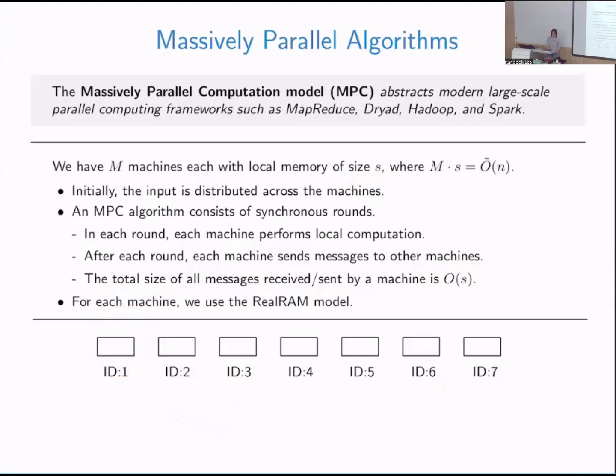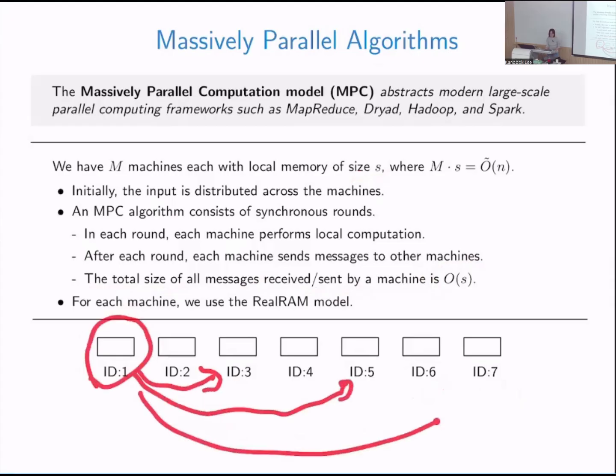It is possible that this machine sends the same message to different machines, but in this case, when we talk about the total size, the messages are considered distinct messages. So we do overcounting.